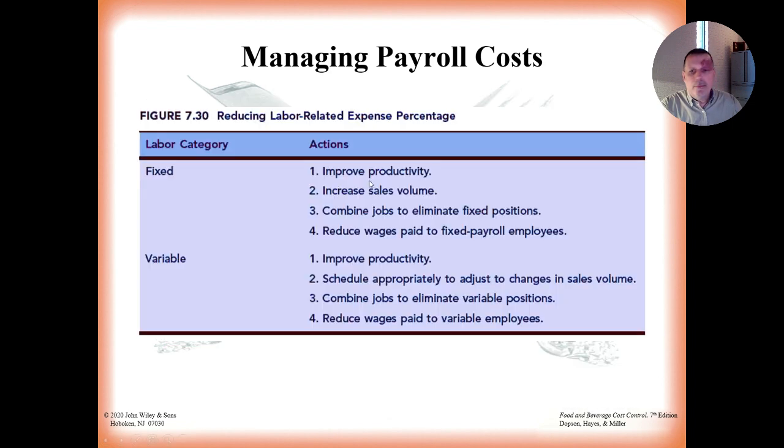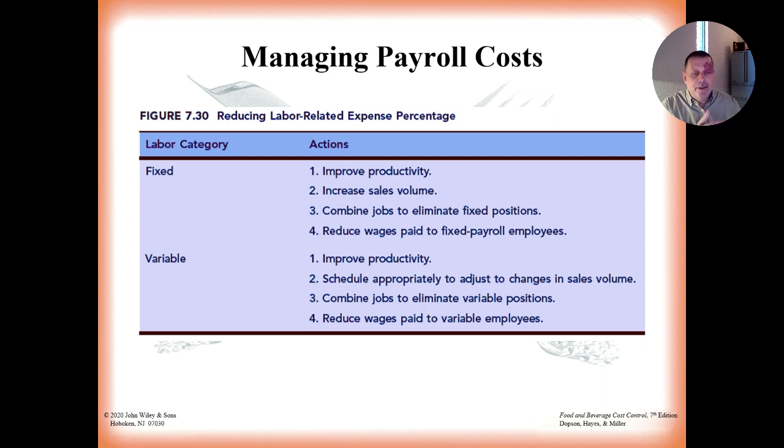Okay. So managing payroll cost. Fixed cost: improve productivity, increase sales volume, combine jobs to eliminate fixed positions, and reduce wages to fixed payroll employees. Now, variable: improve productivity, schedule appropriately, adjust changes to sales volume, combine jobs to eliminate variable positions. Now, quite frankly, you probably would want to do one or the other.